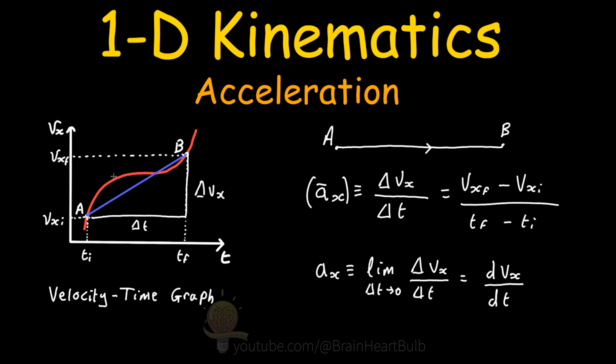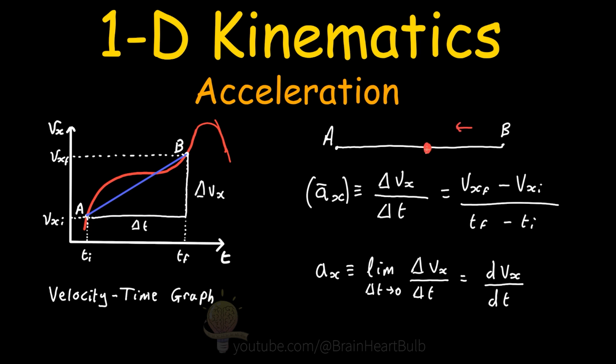So on the velocity time graph here, we can see that the instantaneous acceleration of the particle from point A to point B is either positive, like it is here, or zero, like it is here. If we were to see a deceleration, our red curve would have a negative gradient, or in other words, a force acting on the particle.